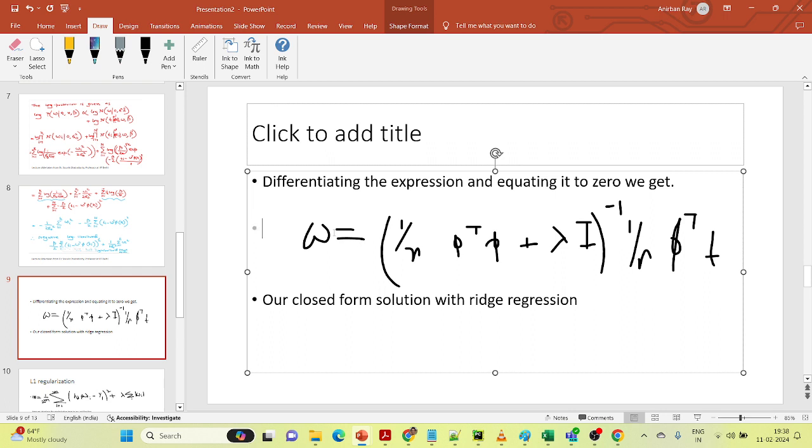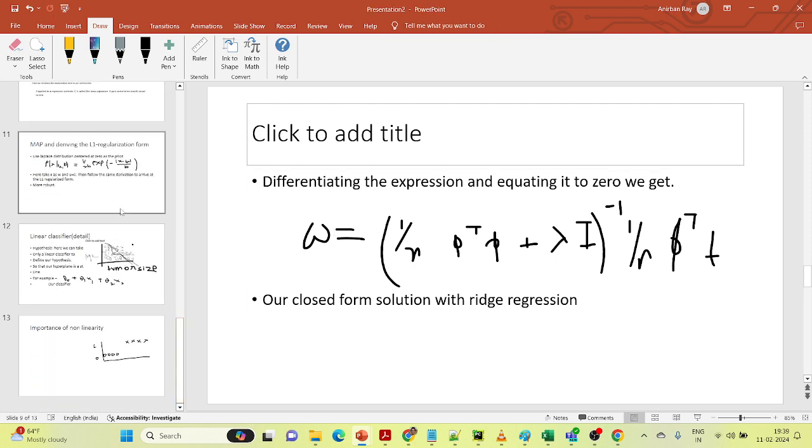Gradient descent is an iterative approach where we slowly come towards the solution, that is W, but we actually never reach it. So that is not the perfect solution, but this is the perfect solution. So that is called closed form.